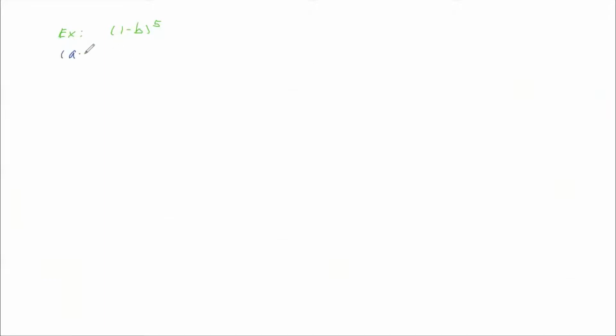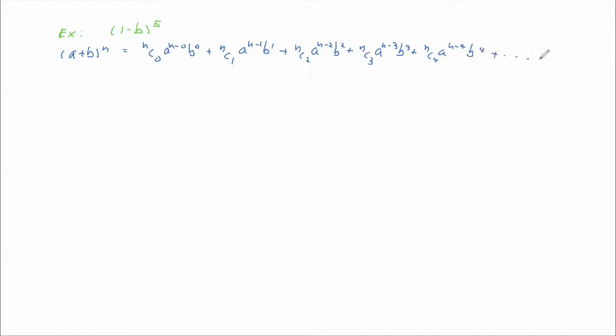Okay, so again, the formula is (a plus b) power n equals nC0 a^(n minus 0) b^0 plus nC1 a^(n minus 1) b^1 plus nC2 a^(n minus 2) b power 2 plus nC3 a power (n minus 3) b power 3 plus nC4 a^(n minus 4) b power 4 plus, until the last term, nCn a^(n minus n) b power n. Okay, now we start to do the example.